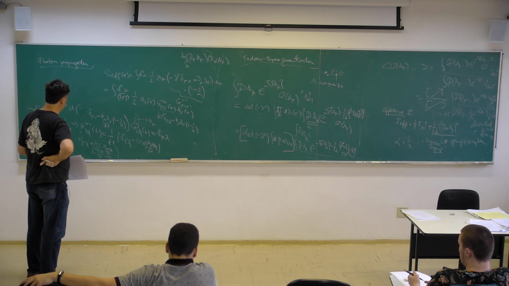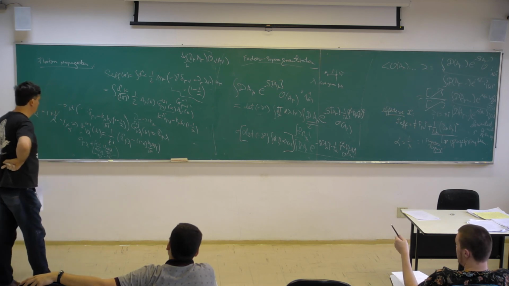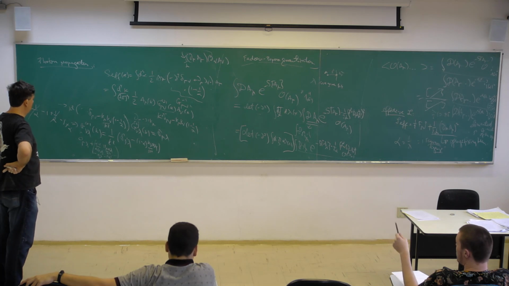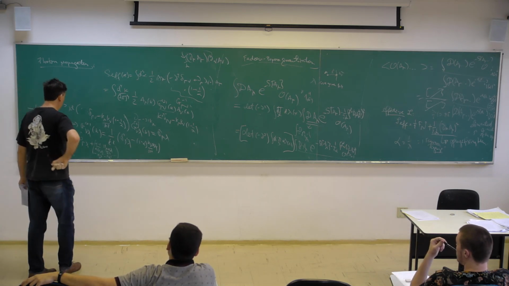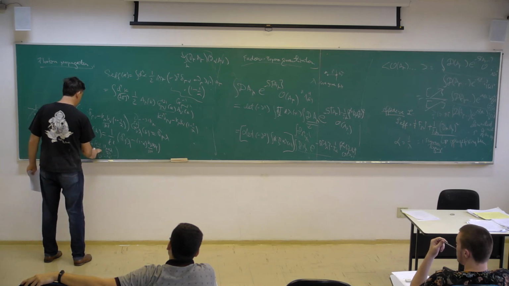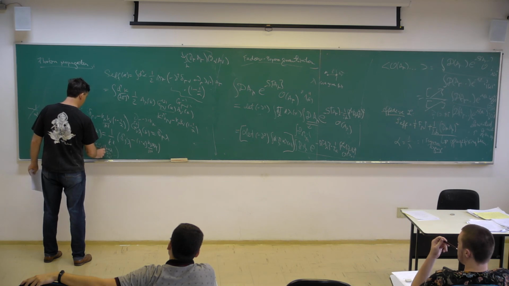Instead of 1 minus alpha, shouldn't it be alpha over alpha minus 1? Oh. Yeah. This is alpha minus 1 over alpha. Sorry. 1 minus 1 over alpha times 1 minus alpha. I'm stupid.